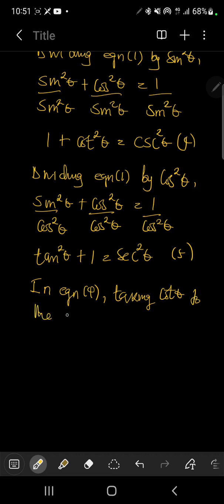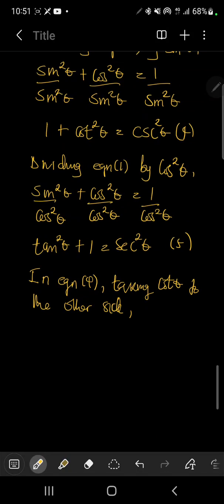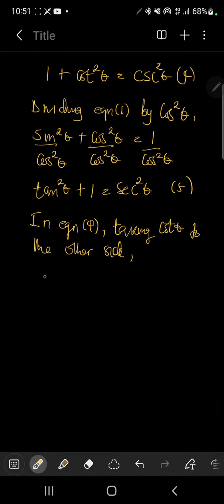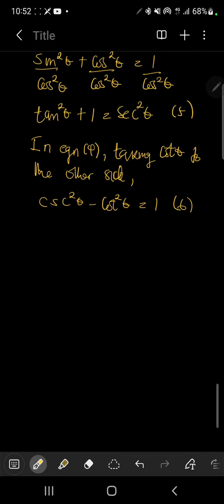So if we take cot squared theta to the other side in equation 4, we get cosec squared theta minus cot squared theta is equals to 1. And that becomes equation what? 6.